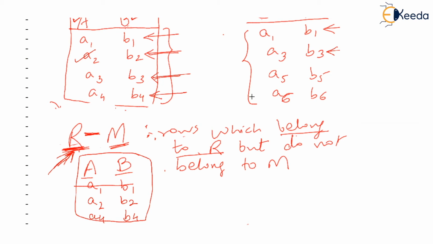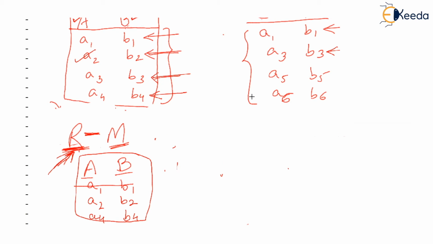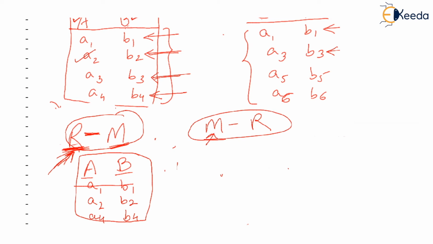Come again. What will be the result of M difference R? Now here you see we have found R difference M. What is M difference R? You have to read it as all rows which belong to M, but the rows which do not belong to R. So now in our result, we'll have C and D because we are having M on the left hand side here.